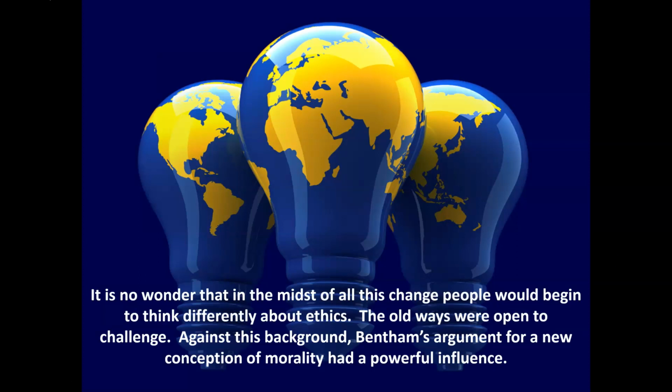So it stands to reason that in the midst of all this change, people would begin to think differently about ethics. The old ways were open to challenge, just like I said a moment ago. And against this background, Jeremy Bentham's argument for a new conception of morality had a powerful influence.